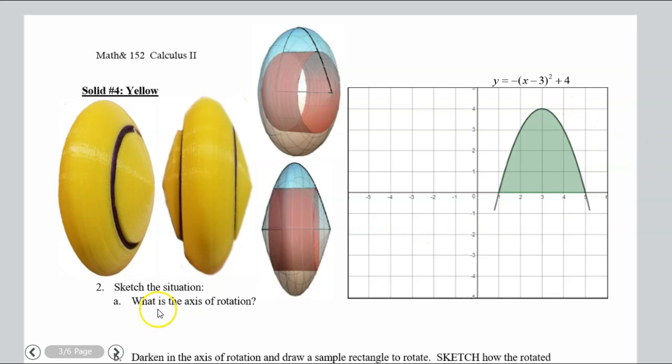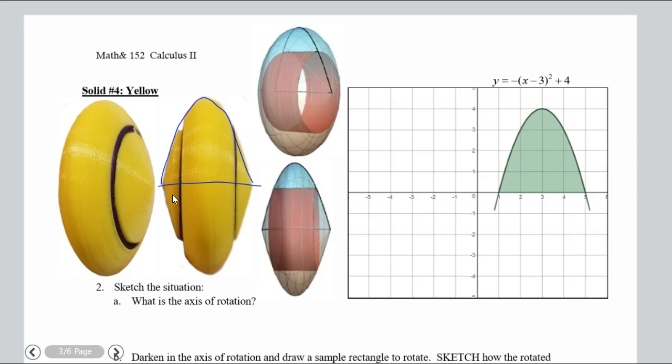First thing we're looking at again is where's the axis of rotation, and you might be able to tell, I have a parabola sitting right here, goes up, so kind of a rough shape right there, but that axis of rotation as this goes around is going to be right there at the bottom of the parabola.